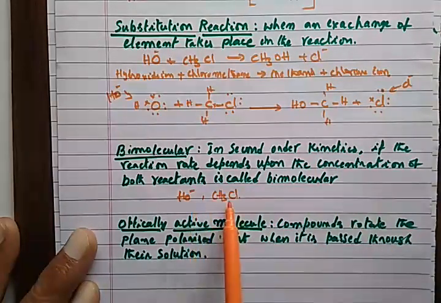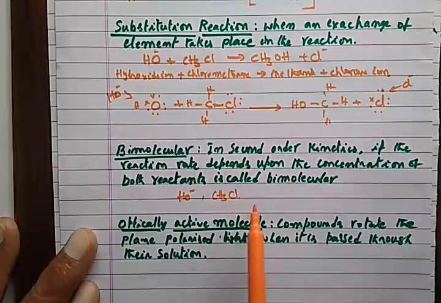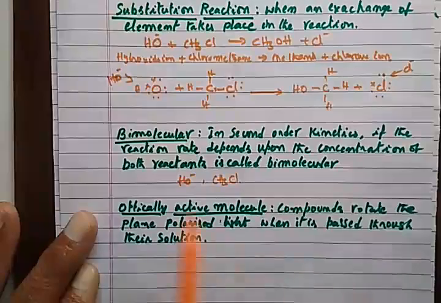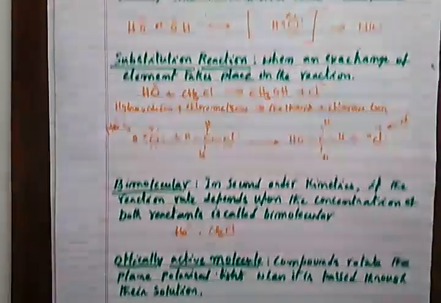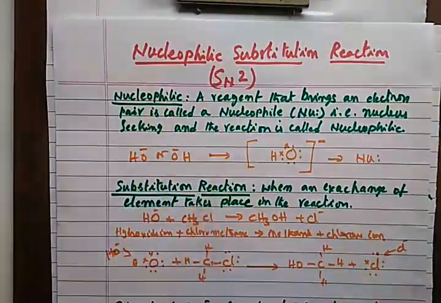So these two reactants are important here, means both concentrations are required. That's why it is called a bimolecular reaction. Because of these three names, the name nucleophilic substitution reaction came.